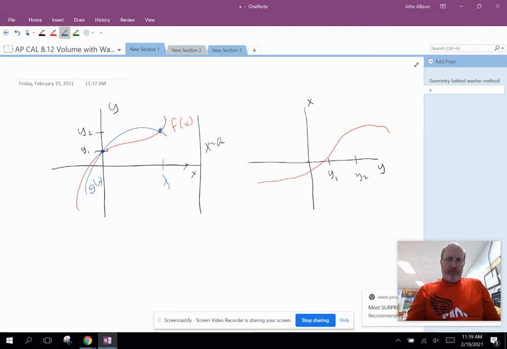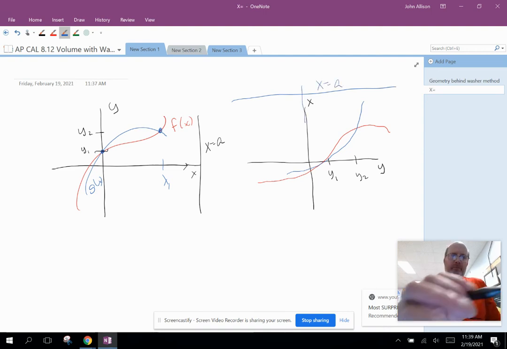This one is going to look something like that. Oops, it's supposed to intersect at y2. Okay, and so the line x equals a is going to become y equals a. That was positive, so that's going to be up here somewhere. And now we're revolving this region R about this axis.